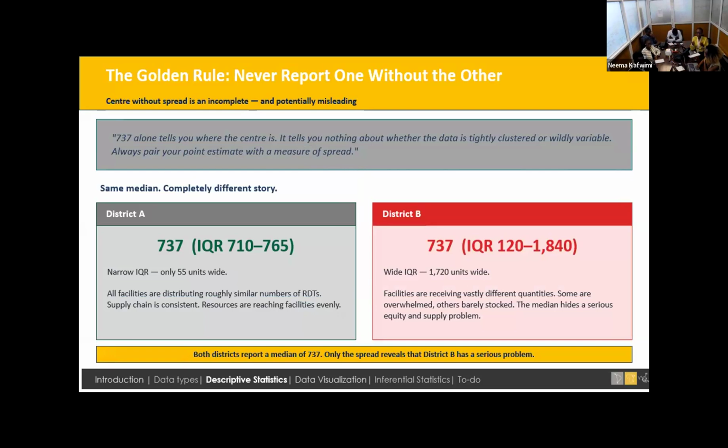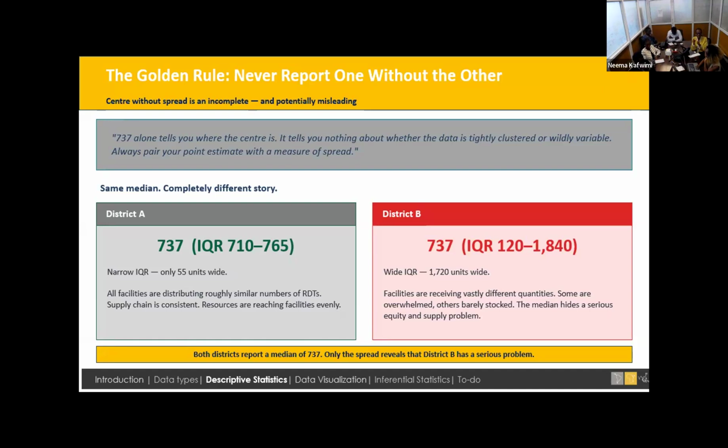In District B, there are values that start very low, at 120, and go to the very highest, 1,840. That means there are some health facilities that require 1,840, while there are some that require distribution of only 120. So if you supply resources with the notion of District A, that will be misleading, because District B already shows that they have a serious problem.